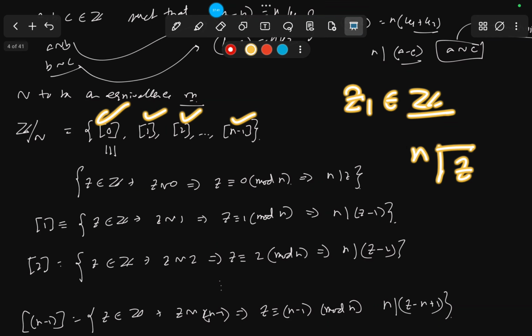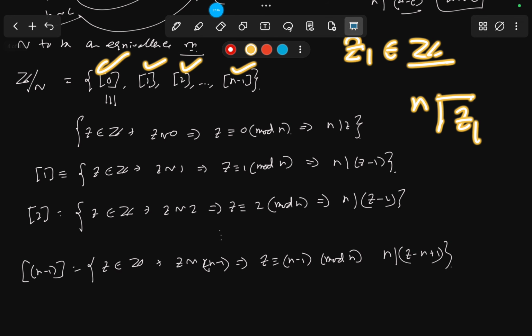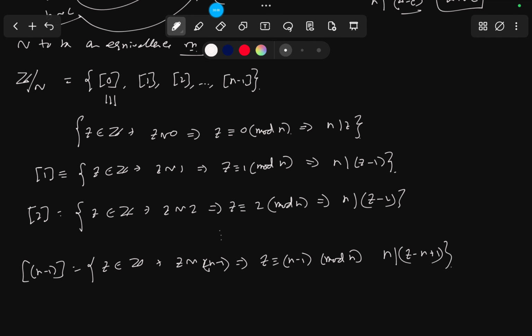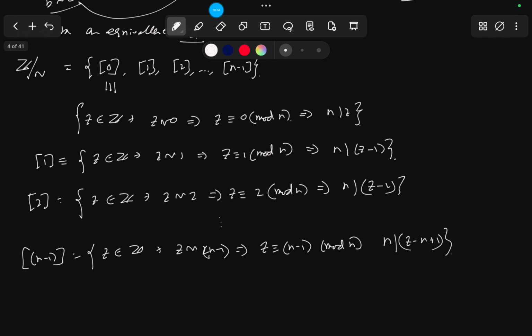So that means for any z1, z1 will be related with 0 or with 1 or with 2 or up to n minus 1. And since the remainder is unique, each of these equivalence classes will be disjoint from each other, right? So that means this is the entire set of equivalence classes for this particular equivalence relation over Z.